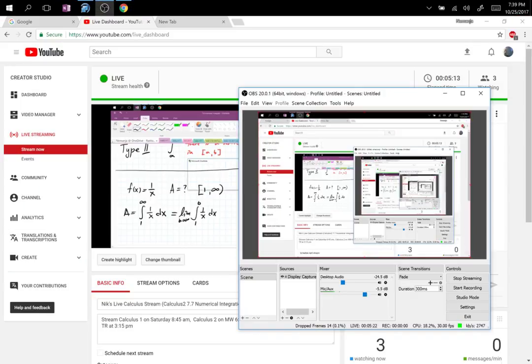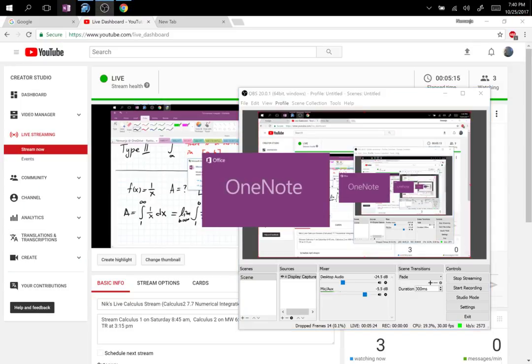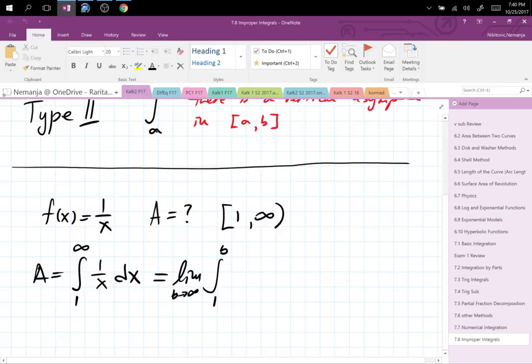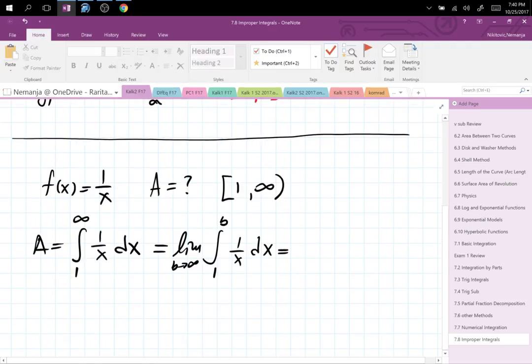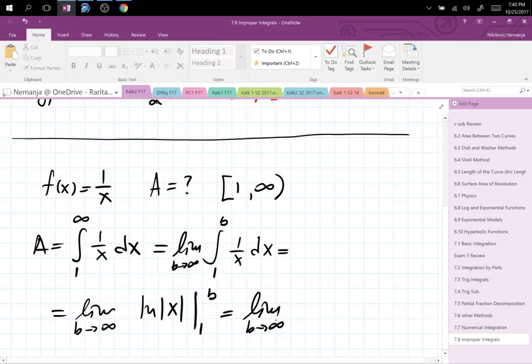I don't think they took account of improper integration. Yeah, it has to go all the way to infinity. So what we are doing now is just a regular integral, and we are computing at b. And then we're going to do the limit later. So we have the limit as b goes to infinity, and we have our ln of x computed from 1 to b.